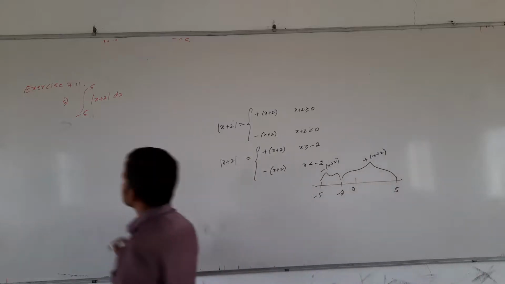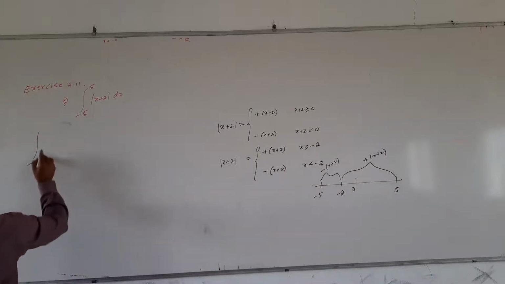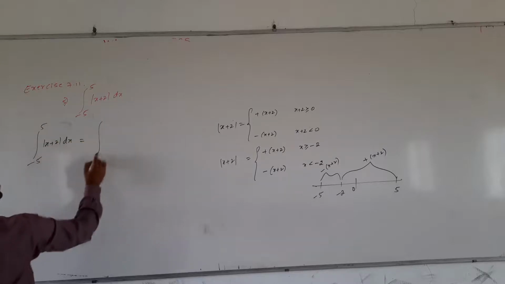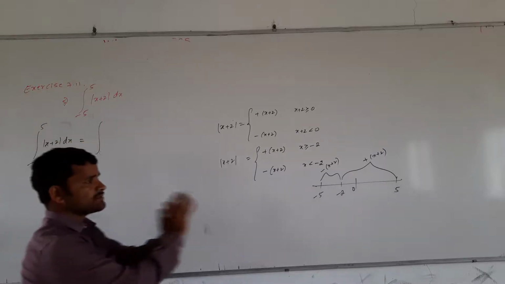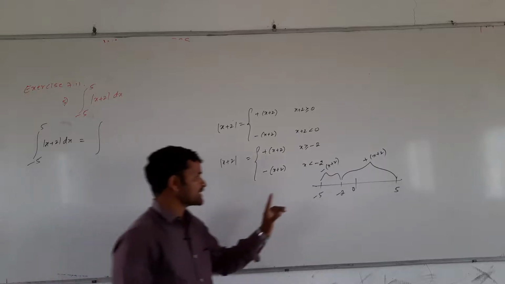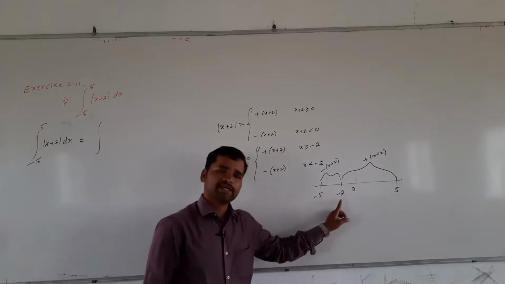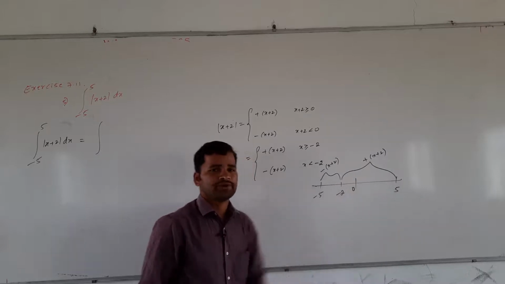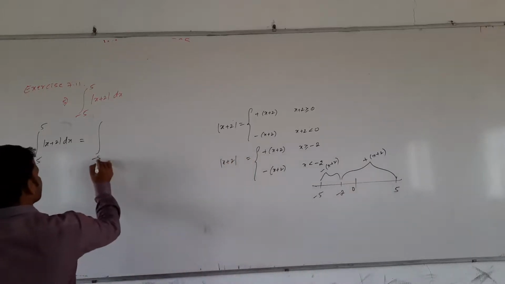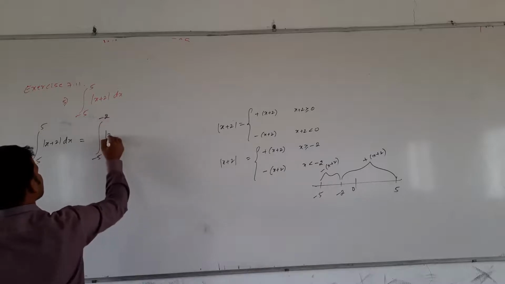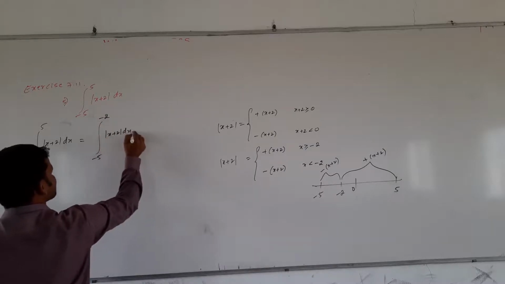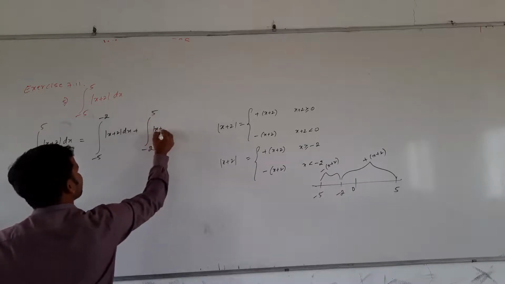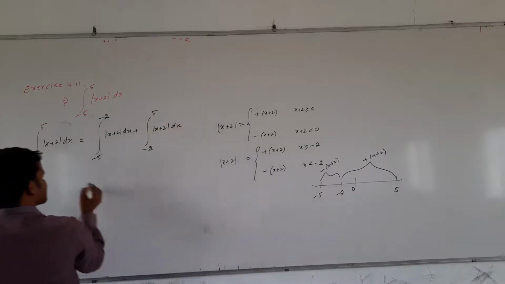So our integral, integrating from minus 5 to 5 modulus of x plus 2 into dx, is equal to, we will split it into a sum of two integrals. One integral is from minus 5 to minus 2 and the second integral is from minus 2 to 5. Minus 5 to minus 2 modulus of x plus 2 into dx plus minus 2 to 5 modulus of x plus 2 into dx.